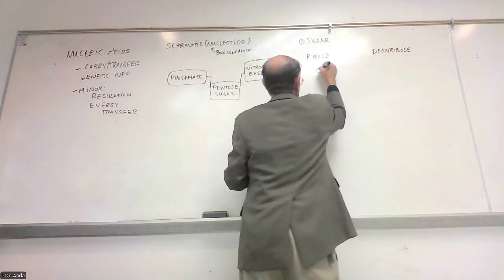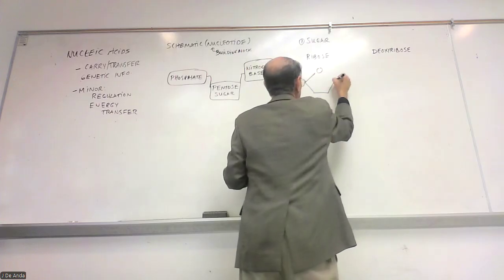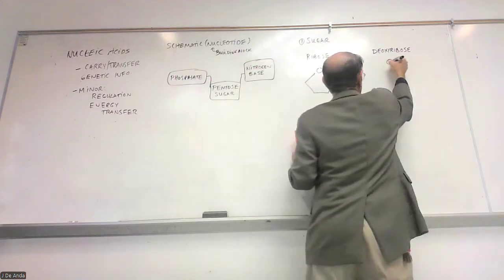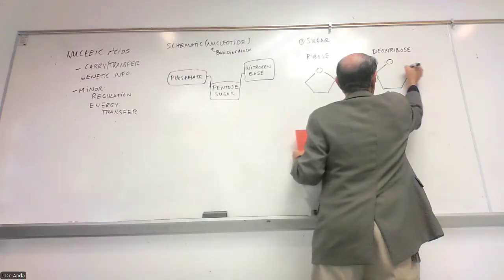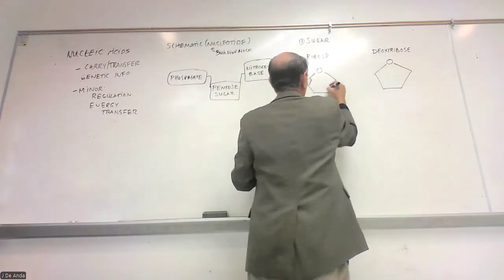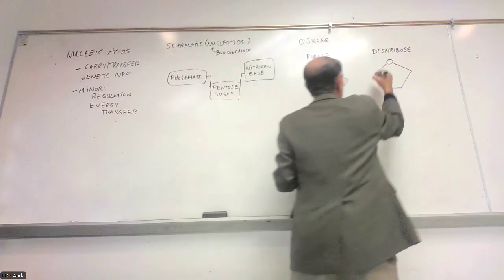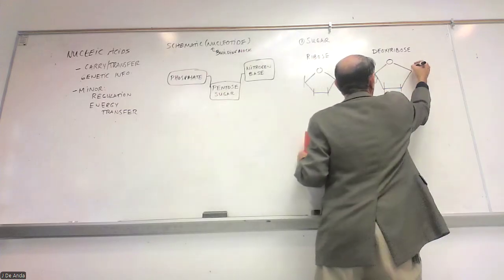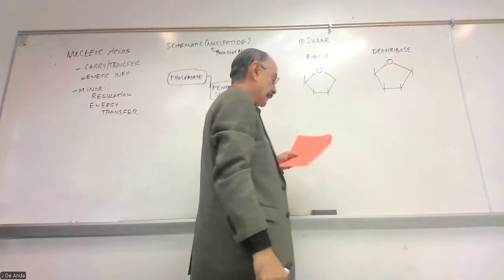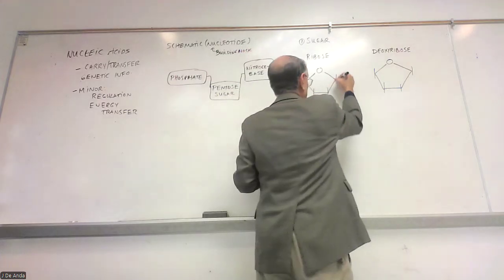Ribose will have a structure that looks like this. Again, remember this is what we call the Haworth projection. And in this case, I'm going to put them all in the beta conformation.